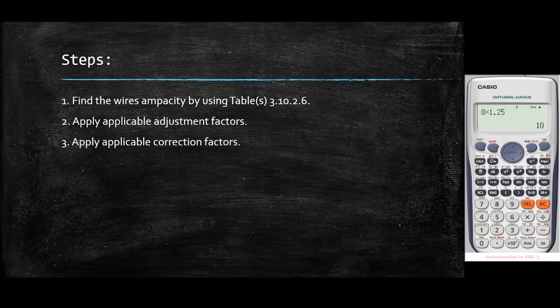So the table for the wires, maybe I will paste it here. The derating, or the ampacity or current carrying factor of wires, is only applicable when your wire is inside a conduit.